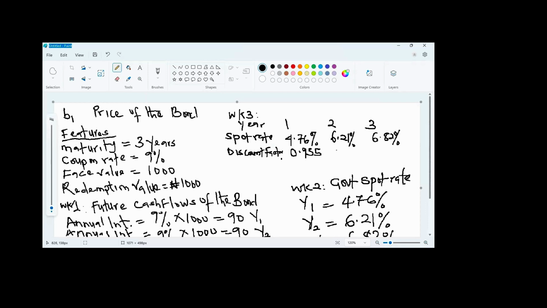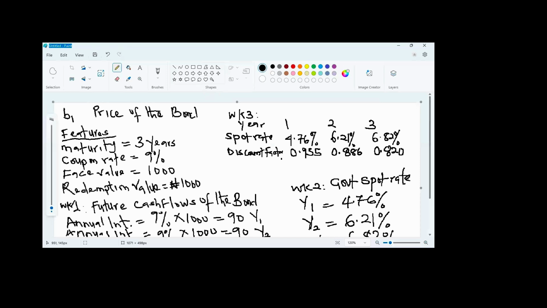What do you have, please? 0.886. Then year 3. Discount factor for year 3 at the rate of 6.82. 0.820. I've gotten the discount factor.